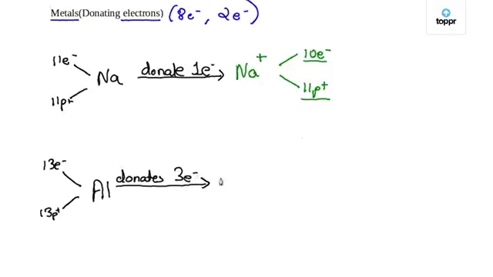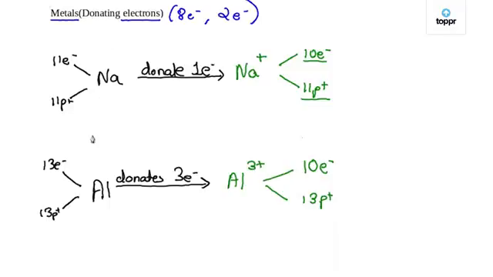It donates 3 electrons. And after donating 3 electrons, what do you think aluminium will be left with? Aluminium now will be left with 10 electrons and protons are still 13. Here, protons are more than electrons by 3. So, aluminium will gain a 3 positive charge because its positivity is more than negativity right now.